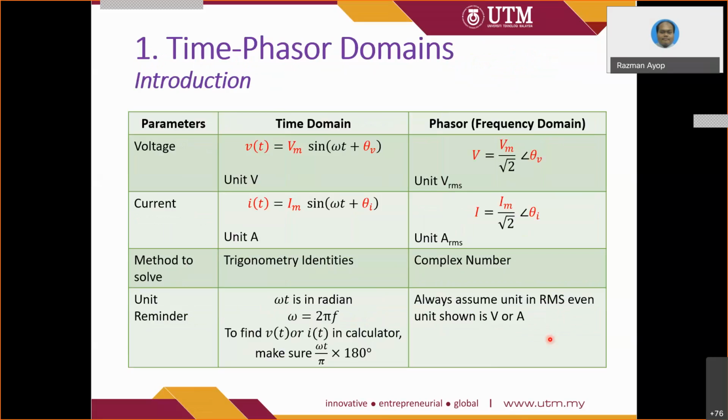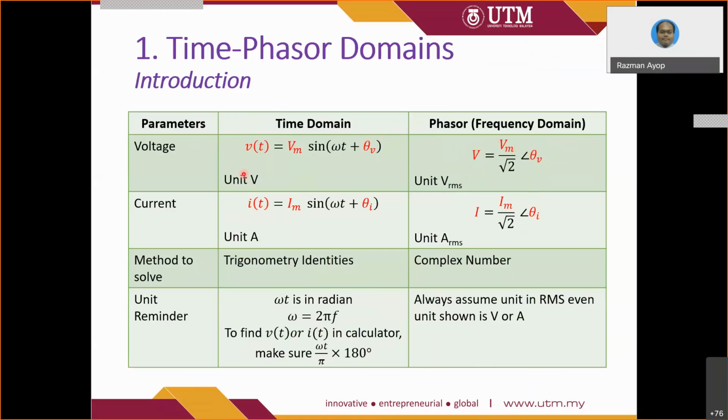Let me start with the first subtopic, which is time to phasor domain. What is time domain? What is phasor domain? Time domain is the equation that contains a time component. But phasor domain, also known as frequency domain, depends on the frequency and you will not have any time parameter.